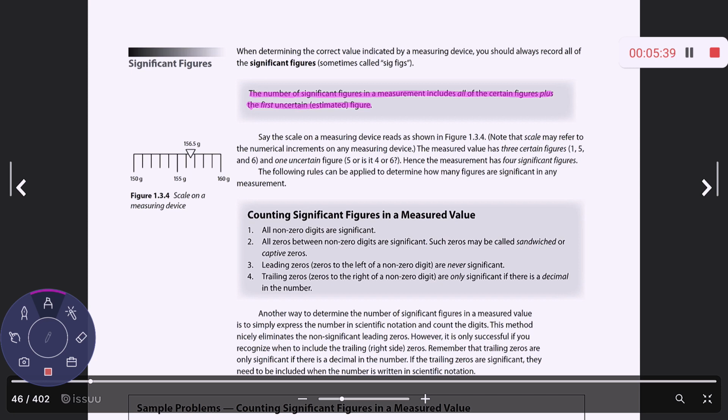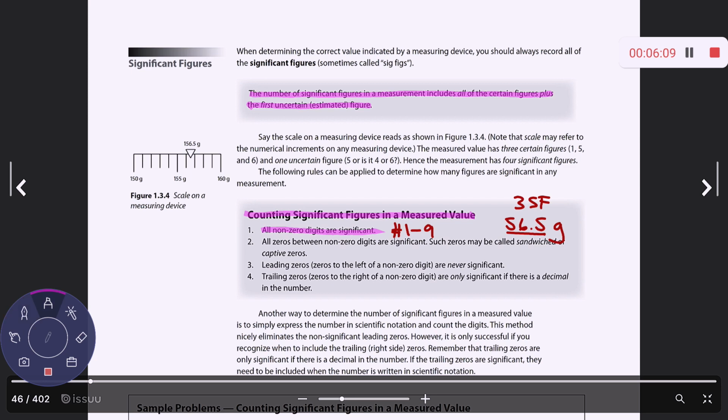Now, if you've made a measurement and we're going to determine how many significant figures are in that measurement, for instance, all non-zero digits are significant. So that means the numbers 1 through 9 would be significant. Let me give you an example. If you have 56.5 grams, those are all digits 1 through 9. Therefore, this would be considered 3 significant figures.